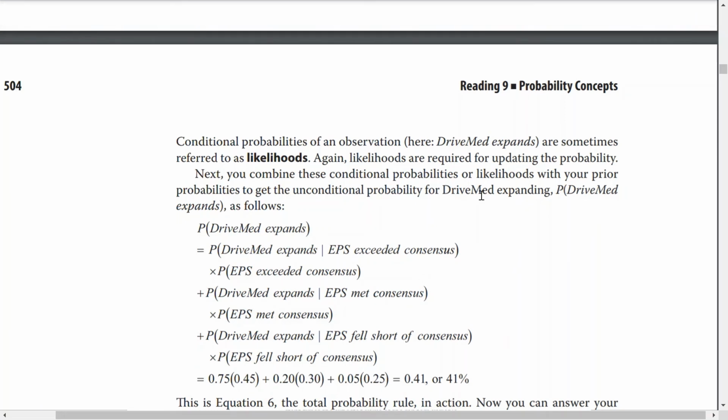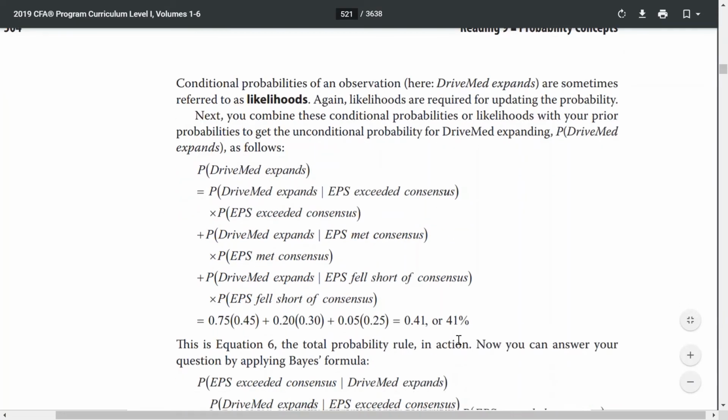Next, we combine these conditional probabilities, or likelihoods, with your prior probabilities to get an unconditional probability of DriveMed expanding. When you plug in the numbers, you get 41%. This is equation 6, the total probability rule, in action.